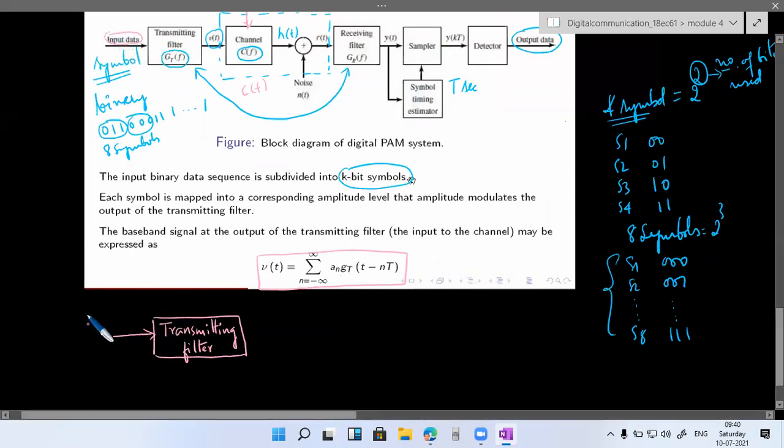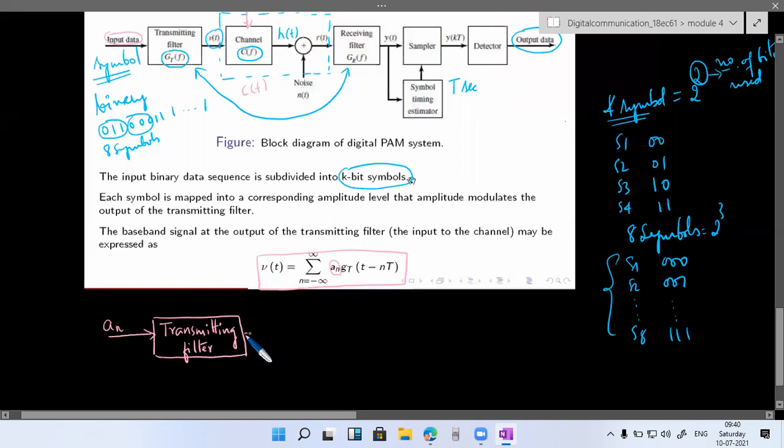Because all these symbols are being mapped onto certain amplitude values, and these amplitude values are nothing but our a subscript n, instead of directly writing input data, since we have got some equation, I can feed a_n as my input, where a_n indicates different amplitude values.